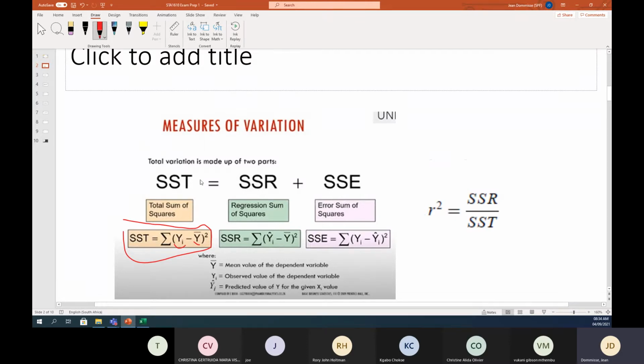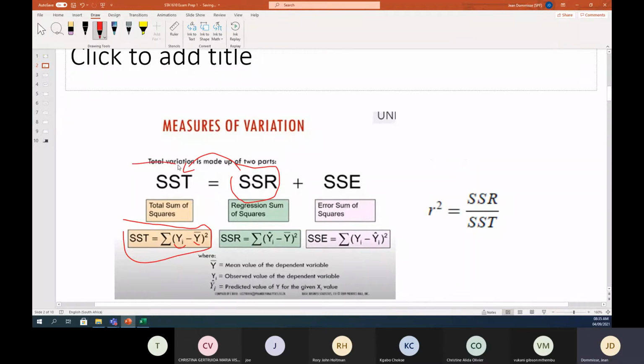And I'll show you in Excel how that works as well. But if you're not so sure you're making the right calculation, you need to do SSE as well. And then in the end, your R square will be that one divided by that one.